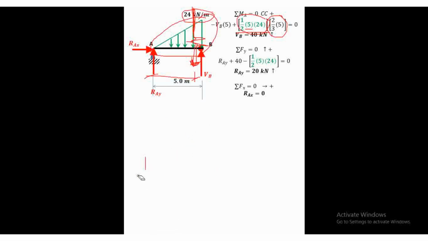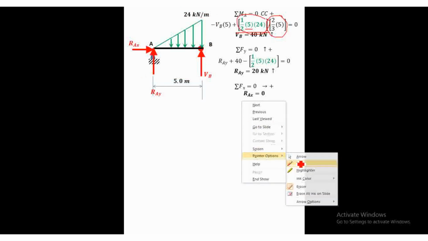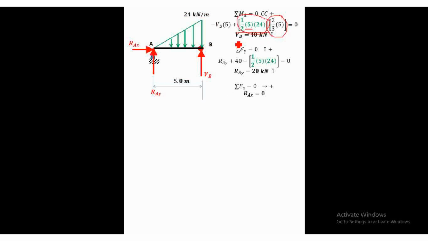Then, once I get this, VB is equal to 40 kilonewtons, and that is upward. Summation of forces along the y-axis: RAY, that is upwards, minus, again, the area of this load, 1/2 of my base times height.